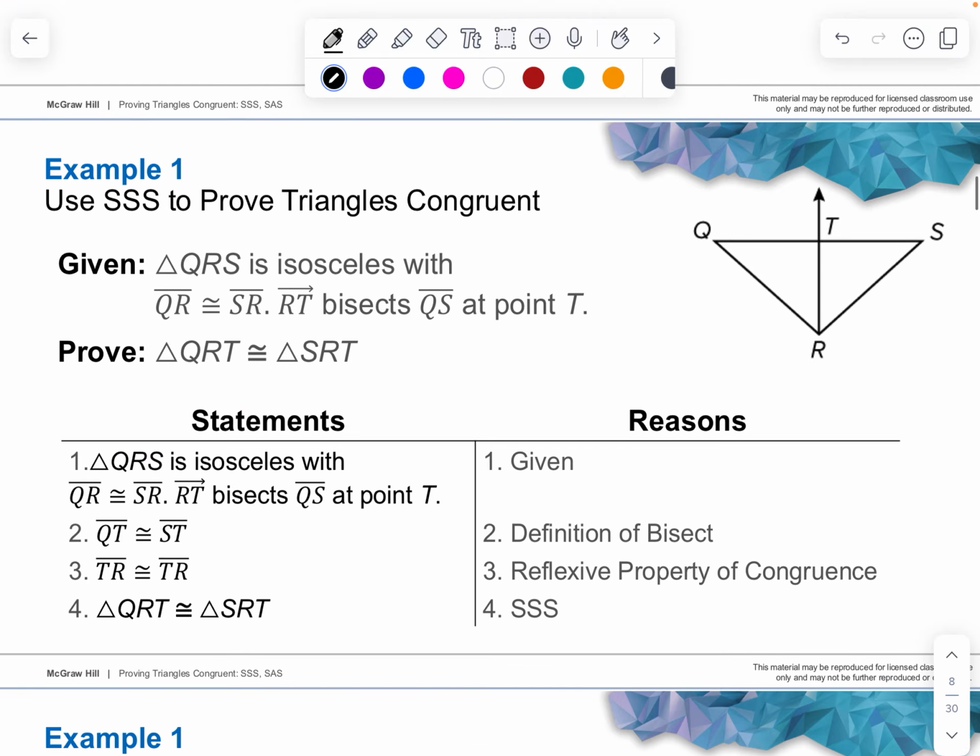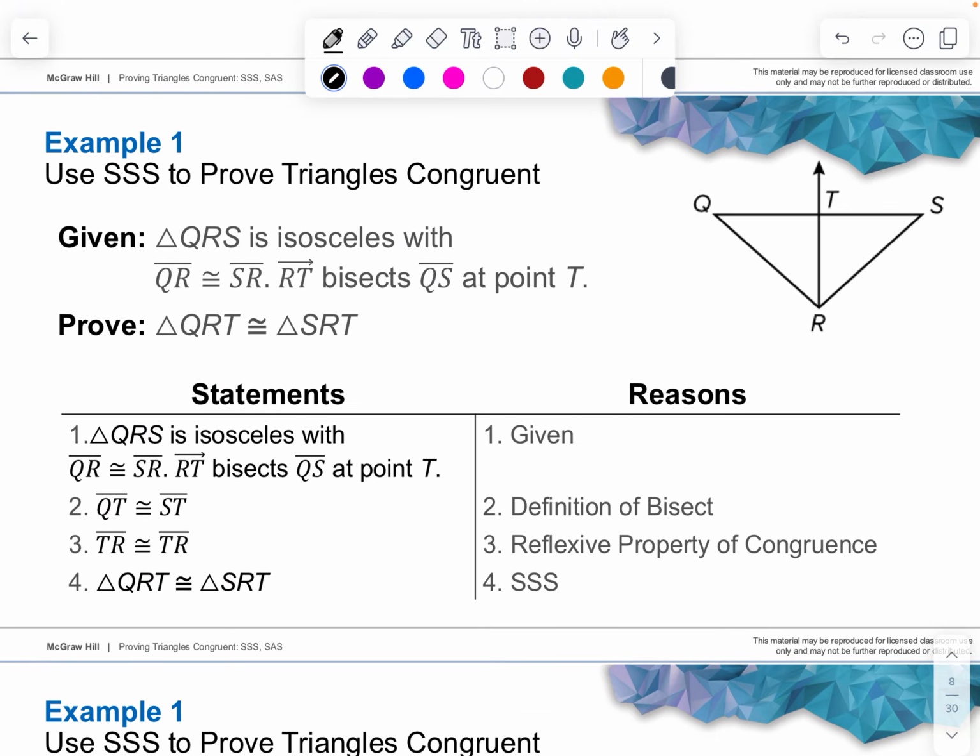All right, so here is the proof. So again, I'm going to mark that QR is congruent to SR. Now we know that if RT bisects QS, we know ultimately we want to get to side, side, side. Okay? Well, in this triangle right here, it's helpful to think of them as 2 separate triangles.